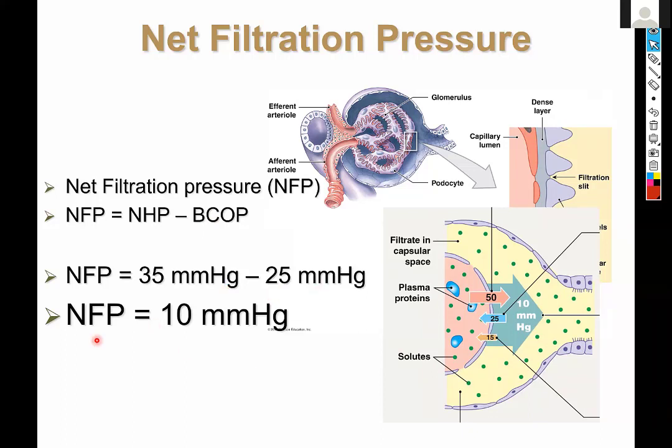So this means a net filtration pressure on average of 10 millimeters of mercury. So that's what keeps fluid driving out of your glomerulus and into the urinary pole and on.